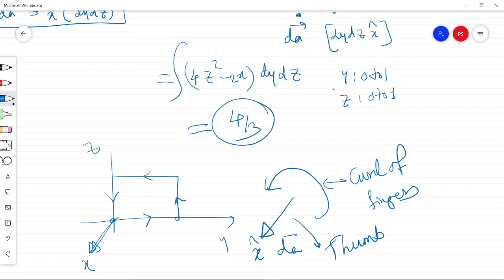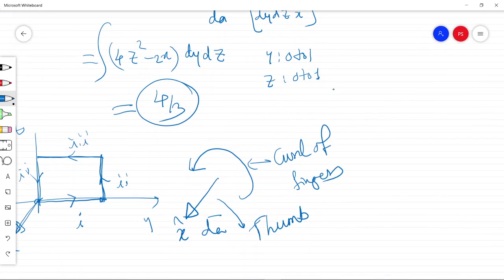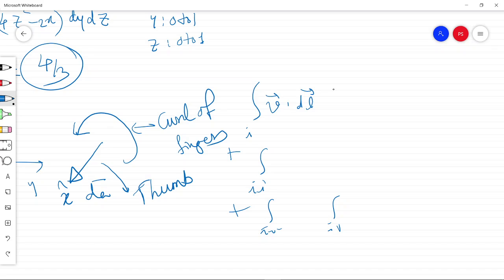So there are 4 subpaths involved: path I, path II, path III, and path IV. We can solve the line integral for each of these paths, that is V bar dot dl bar for each path, and then add up these 4 line integral values. The values in this particular case are 1, 4 by 3, minus 1, and 0.